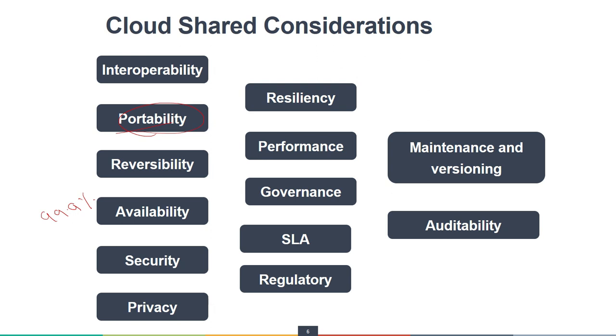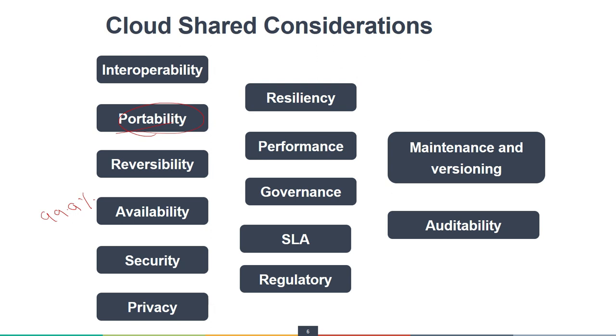So, to support security, privacy, resiliency, and performance, we need proper policies, procedures, roles, and responsibilities in any organization. So that means governance. Governance is required at the start of any cloud migration and continues through the entire lifetime of the cloud deployment.